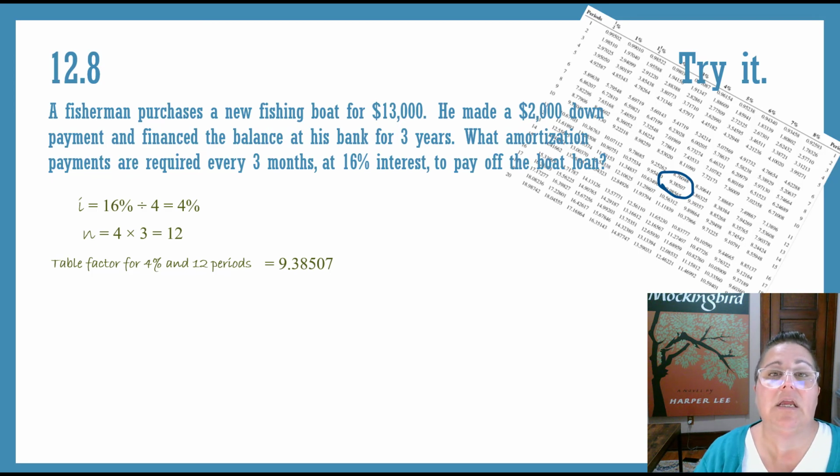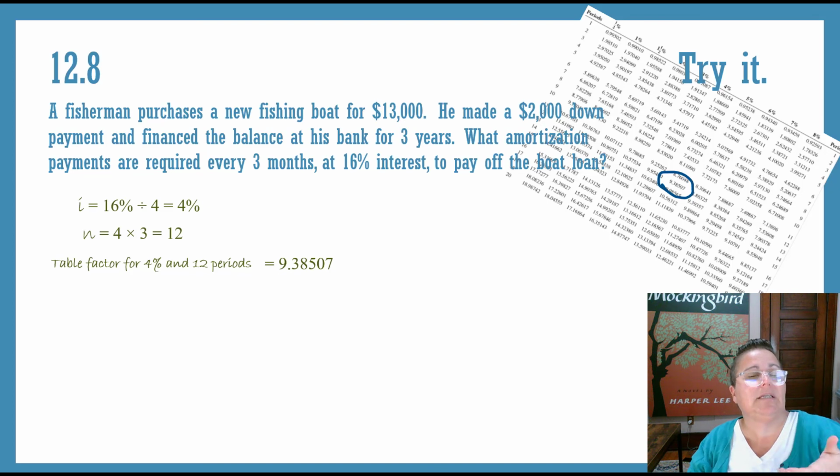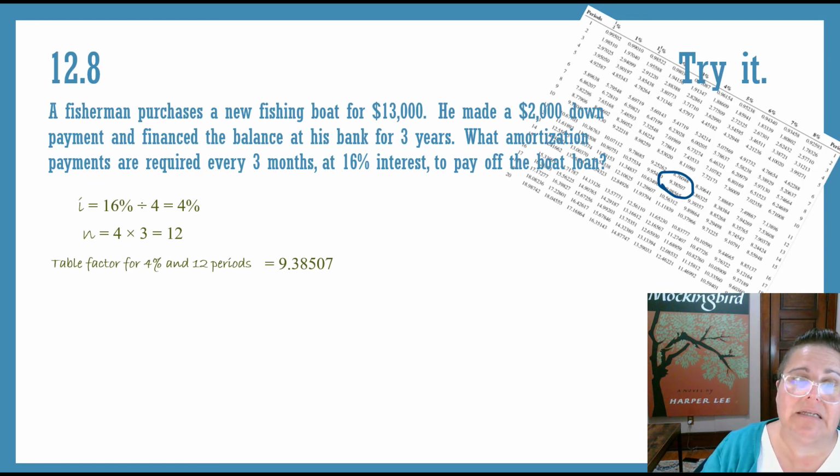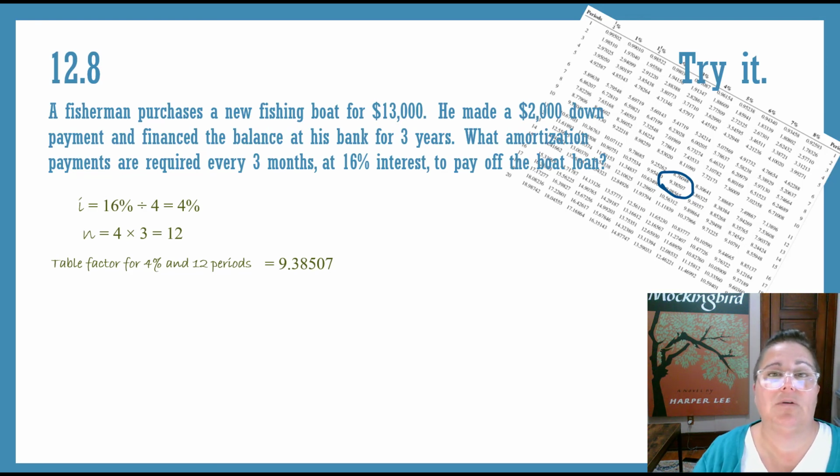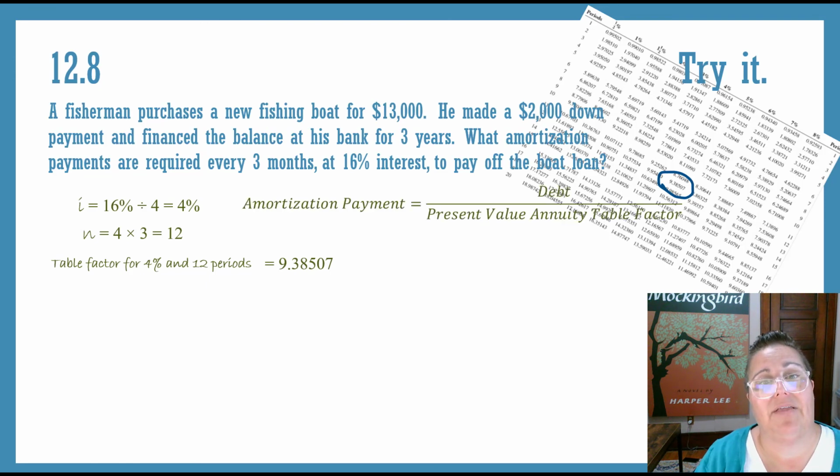9.38507. In order to determine his payment, I need to take his loan and divide it by the table factor. Well, there's a little bit of a trick to this one. His loan amount was not $13,000. He actually put down a down payment of $2,000, which means he only had to finance $11,000.